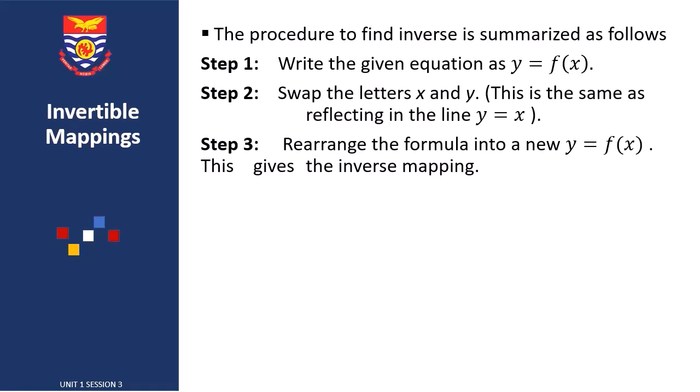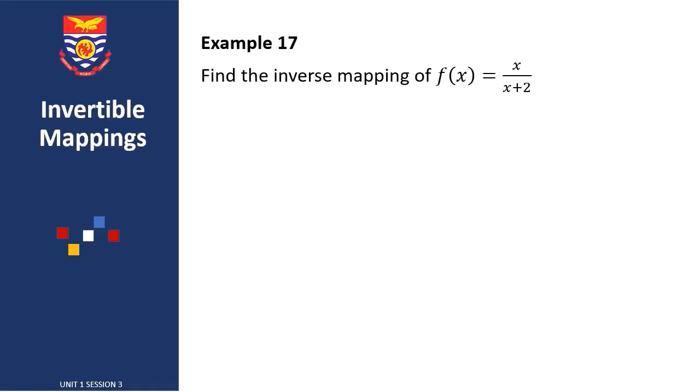Let's look at examples. Find the inverse of f of x equals x over x plus 2. So the first step is that you write the given mapping as y equals f of x. So you can say let y equals x all divided by x plus 2.